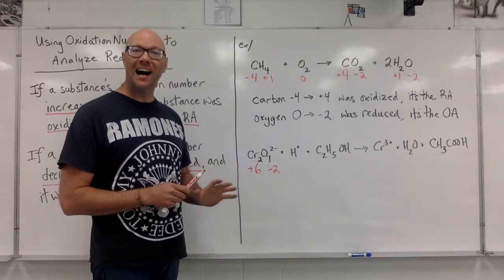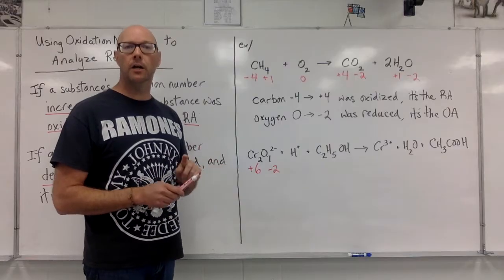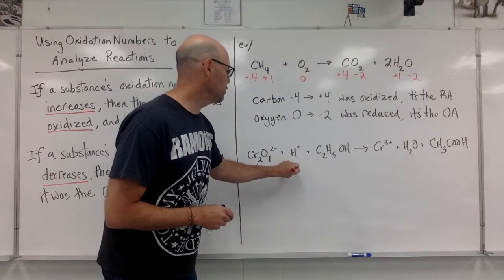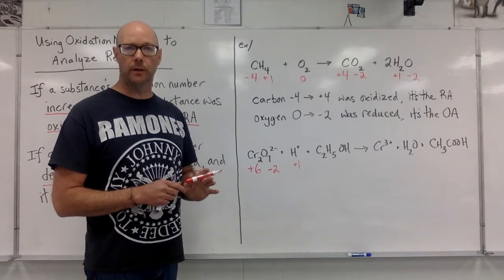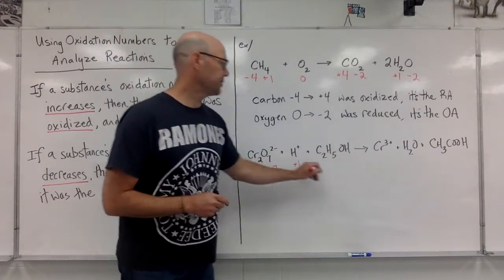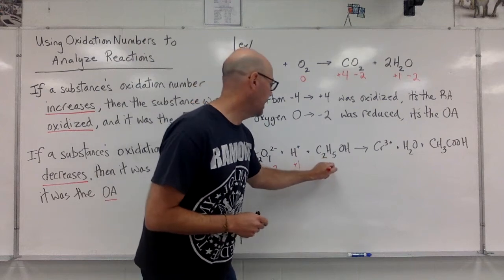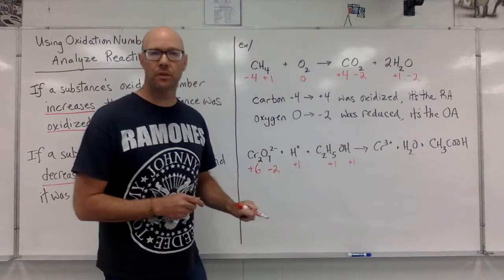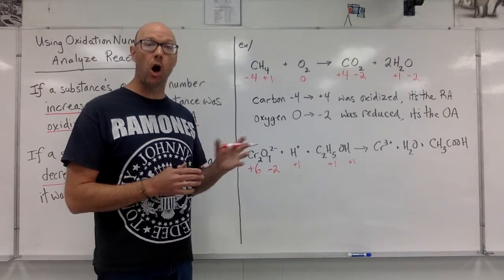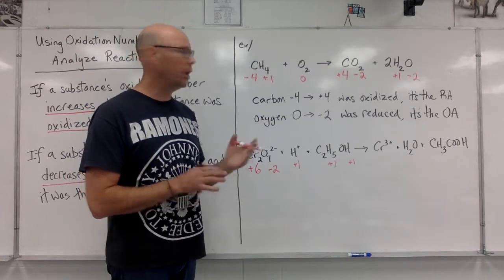We have a hydrogen ion here, a simple ion. The charge corresponds with the oxidation number, +1. This ethanol, hydrogen in a compound, is +1. They show up in 2 different places, but all of those hydrogens are +1.